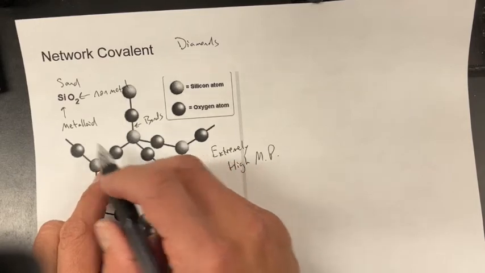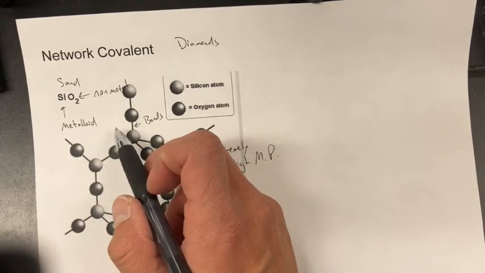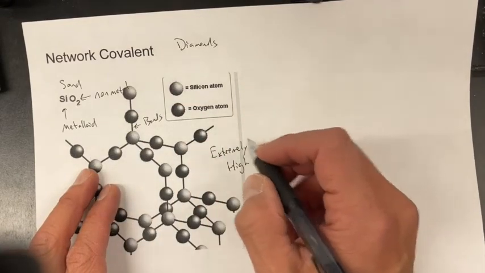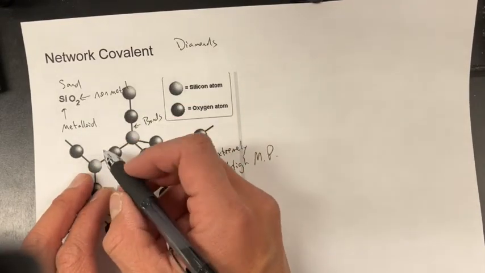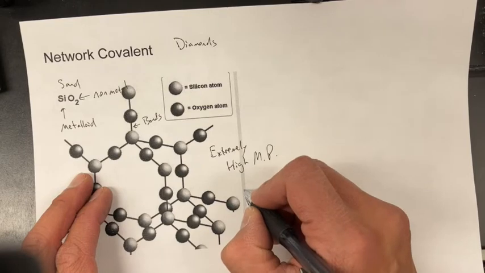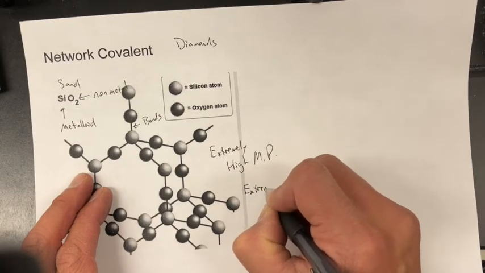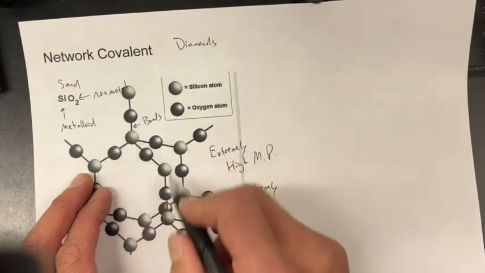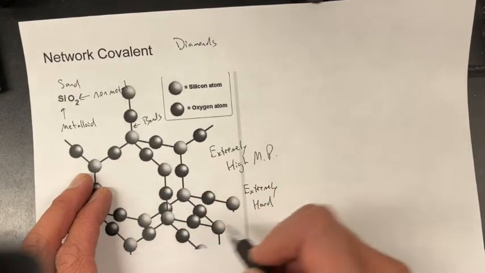If I try melting sand, we're turning it into glass, you really have to break these bonds to do that. They're extremely hard substances. Diamonds are extremely hard because of their structure and how everything's stuck together.